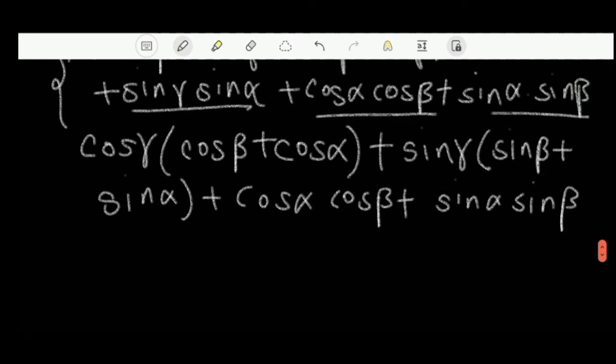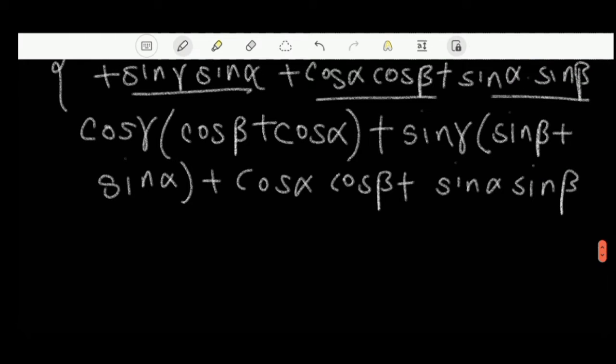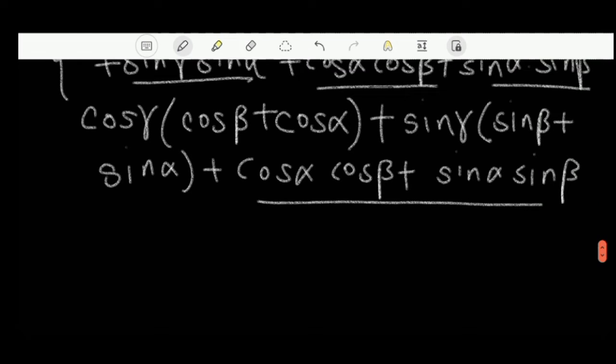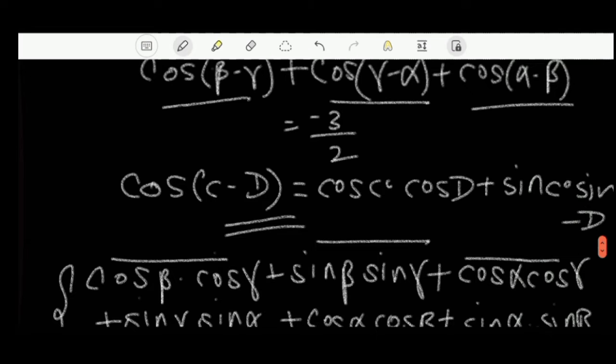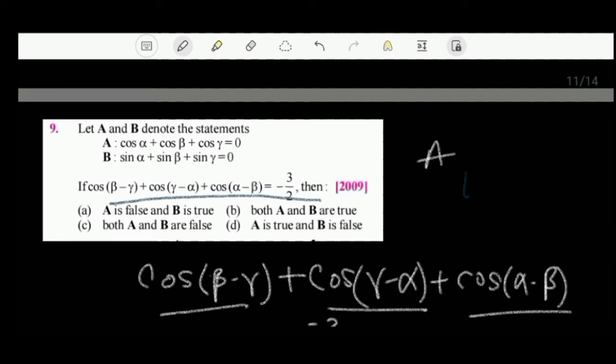And now we know that this is nothing but our cos(alpha minus beta). And now suppose that our A and B statements are true.